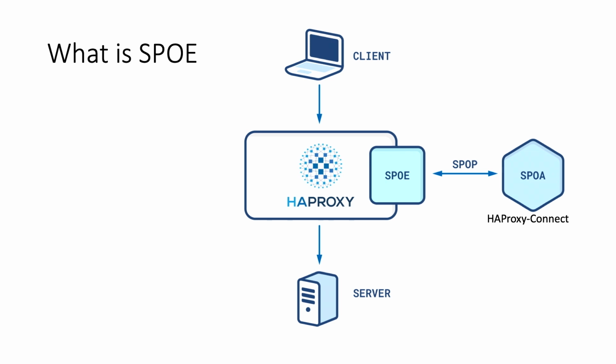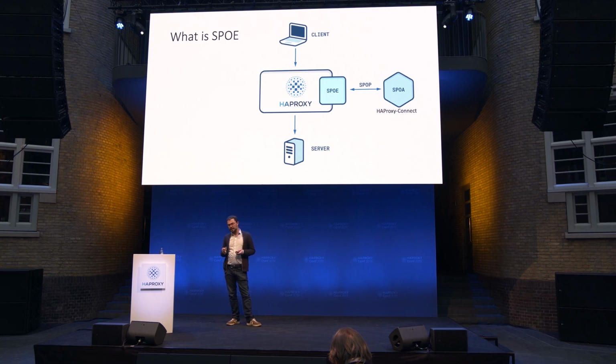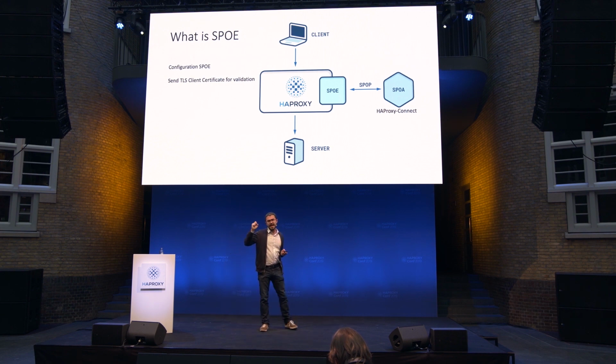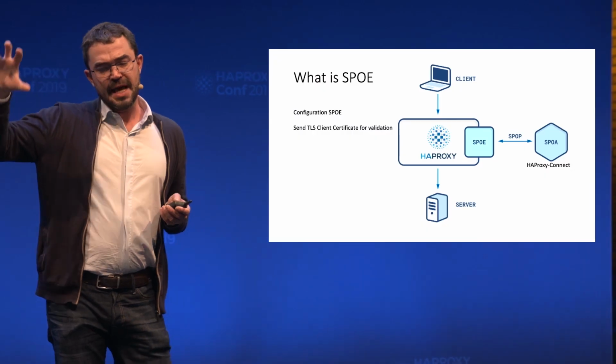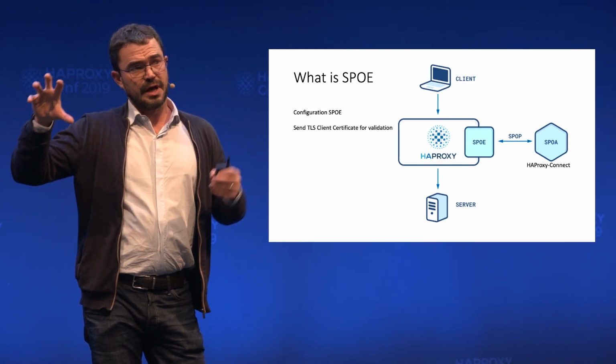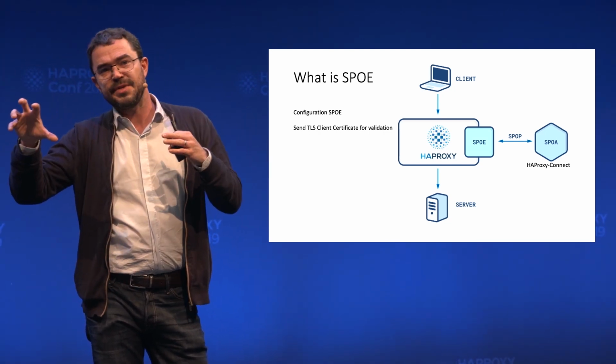So in HAProxy, it can be used for authenticating, I think, for scanning requests from the internet, and so on and so on. So what we are basically doing is configuring HAProxy to use SPOE, using HAProxy Connect itself as an SPOA, meaning agent.